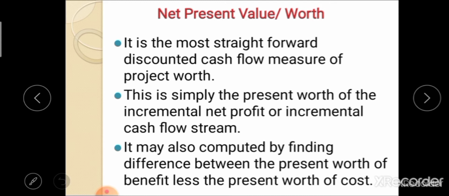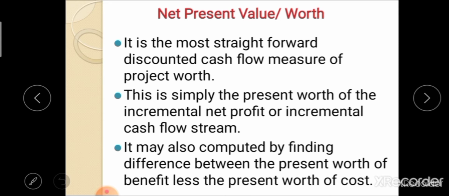This NPW is the straightforward discounted cash flow measure of project worth. In this method, the incremental net benefit or incremental cash flow stream is calculated. It may be calculated by finding the difference between present worth of benefit and present worth of cost.